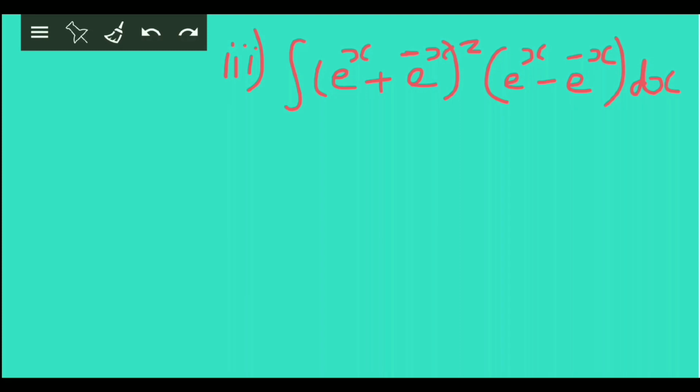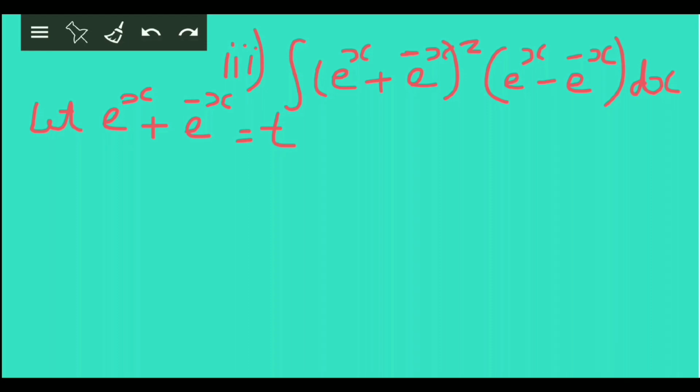Okay. So over here, we take the bracket, e raised to x plus e raised to minus x the whole square. That is, whatever is there in the bracket as t. So we write over here like this, let e raised to x plus e raised to minus x is equal to t. We differentiate both the sides with respect to x as usual.